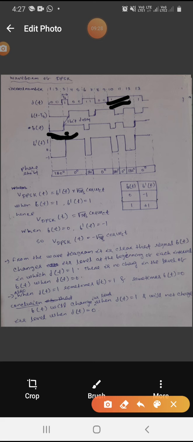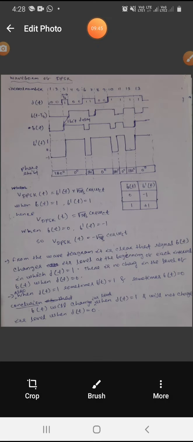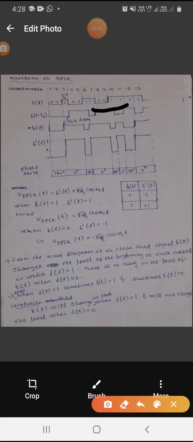At interval 10, dt is changing from 0 to 1, and here also your Bt is changing its level. And see the diagram, when dt is 0, Bt continues at its original level. It is not changing its level.